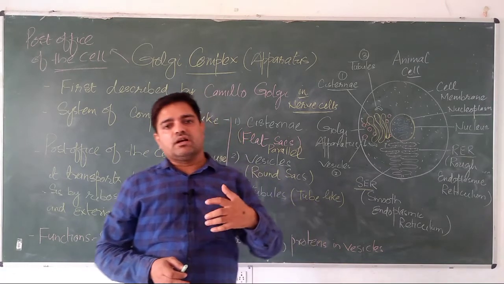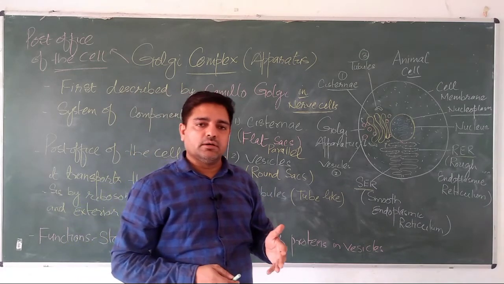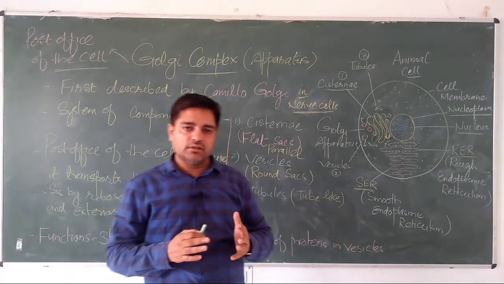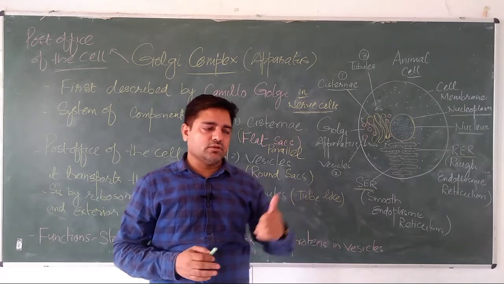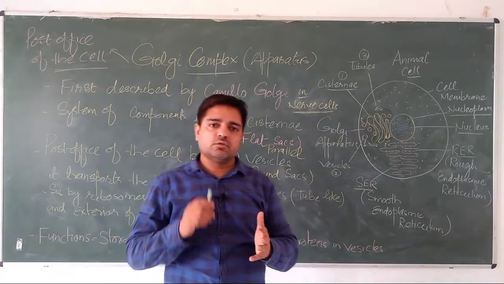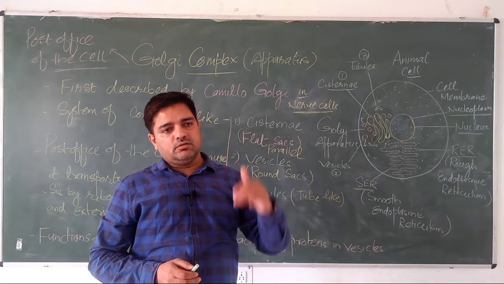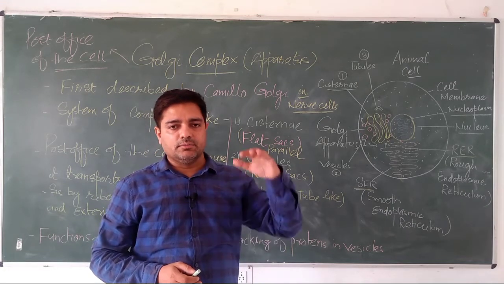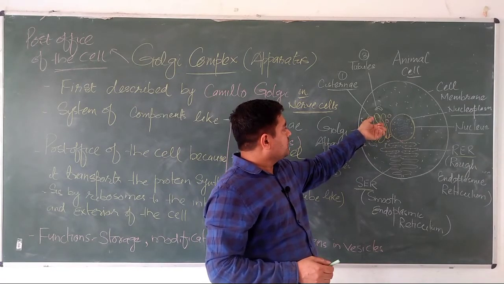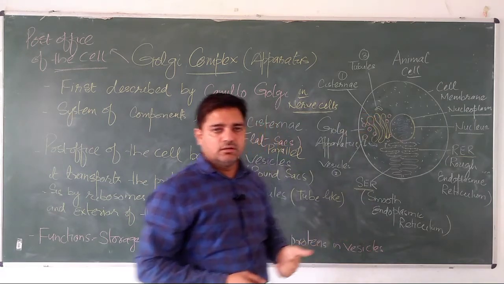In the interior of the cell there are so many organelles which require proteins. So this Golgi apparatus will provide the protein to the different components of the cell, as well as to the exterior of the cell, which means outside of the cell.